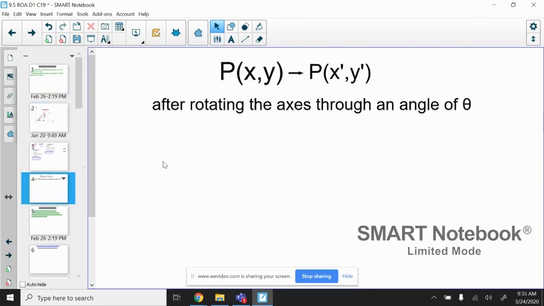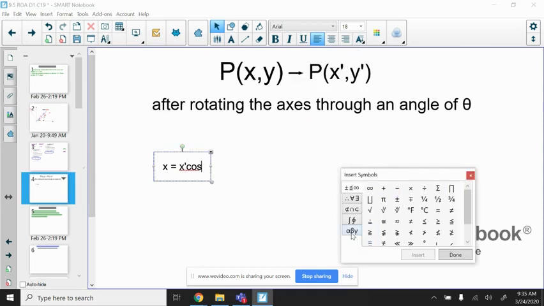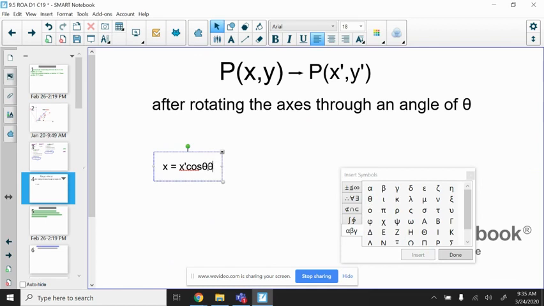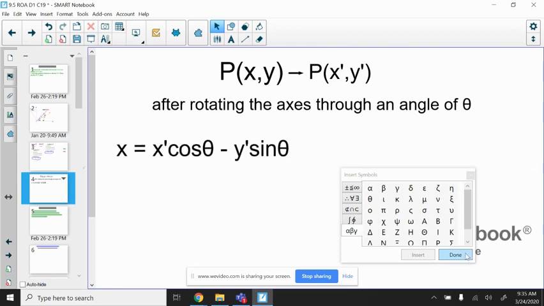Well, I'm going to use my rotation formulas, where x is equal to x prime times the cosine of theta minus y prime times the sine of theta. Let's make this nice and big. So that's one rotation formula. Got to make sure I know it.